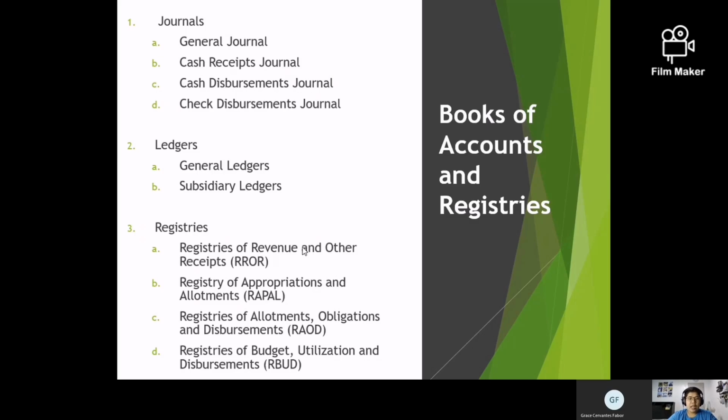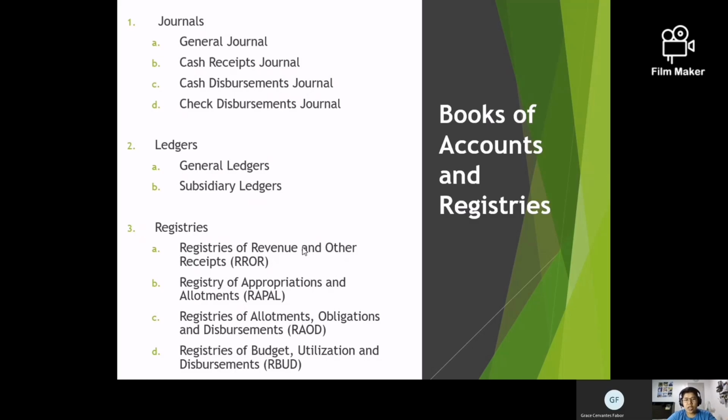Next, we have the Registry of Appropriation and Allotment, or RAPAL. Next is the Registry of Allotments, Obligations, and Disbursements, or RAOD. And last is the Registry of Budget, Utilization, and Disbursement, or RBUD.